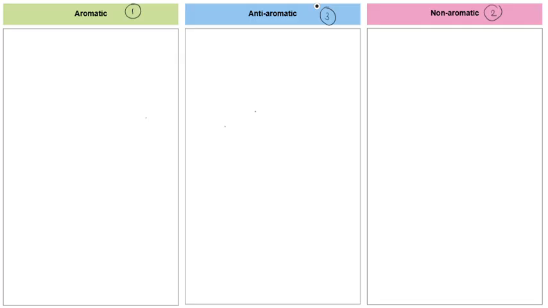Now, in the exam, what sort of questions can you expect? Which of the following molecules is aromatic, non-aromatic or anti-aromatic? So how to explain this? Usually the aromatic molecules are benzenoids. What are benzenoids? Molecules having a structure like benzene. For example, naphthalene.